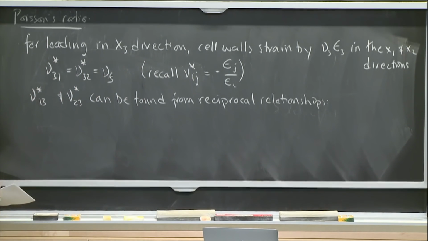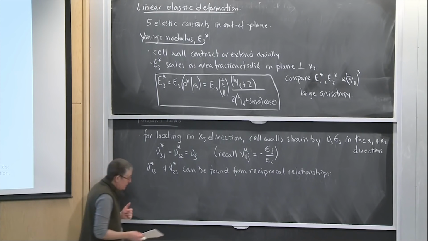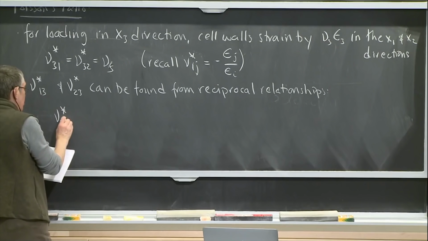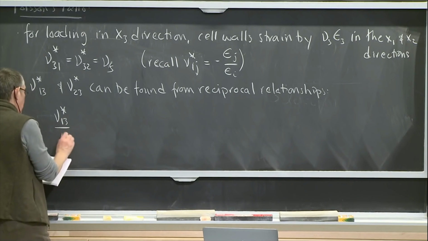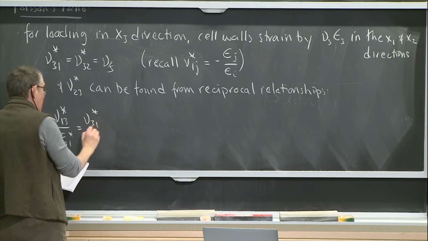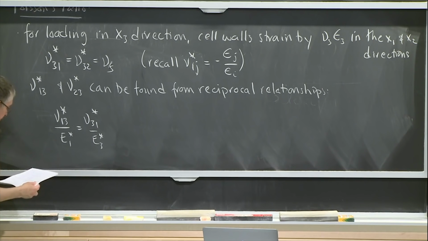And remember, those relationships come from saying that the compliance tensor or the stiffness tensor is symmetric. So we can write, for instance, that nu 1,3 over E1 is equal to nu 3,1 over E3.